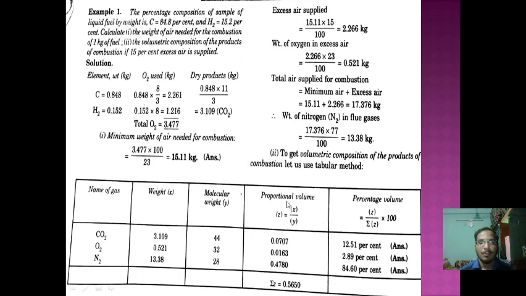Product proportional volume means weight divided by molecular weight. Then you get this, and this is the sum of the proportional volumes. Then for the percentage, we just multiply by 100: each value, like 0.070 by 0.5650 into 100, gives the value in terms of percent.